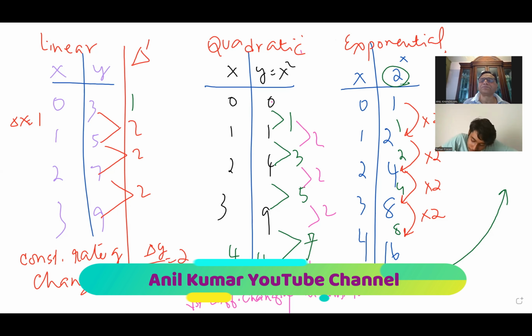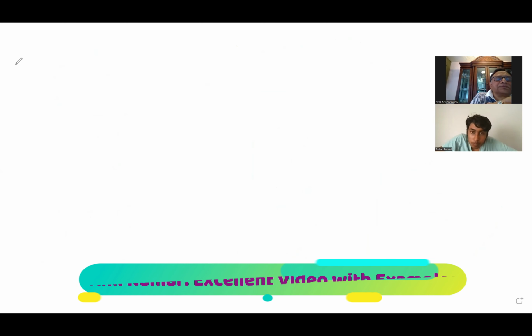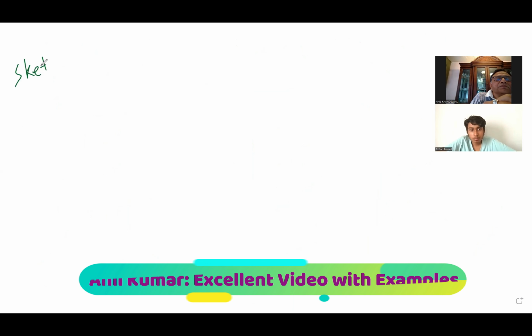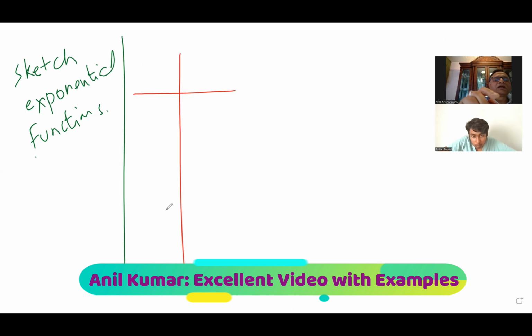Perfect? Yes, sir. Now, let's try to sketch exponential functions. To keep it simple, we'll begin with 2 to the power of x and just plug the values in and sketch the graph.